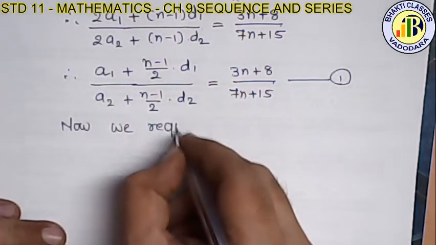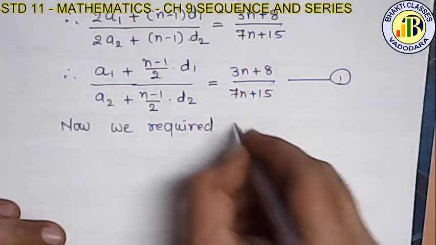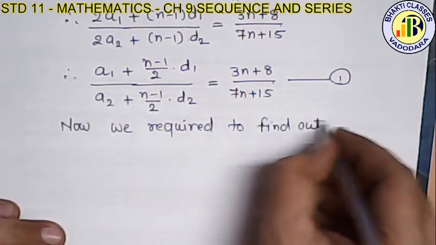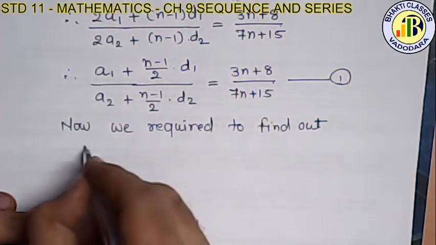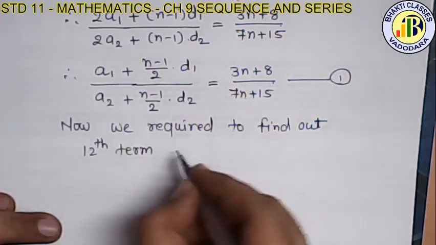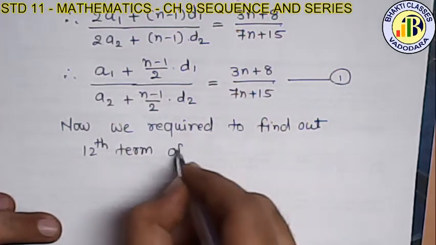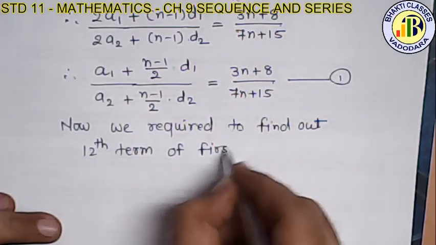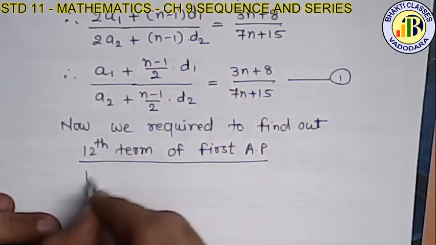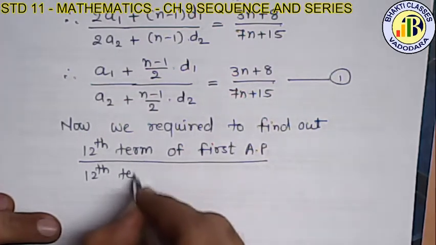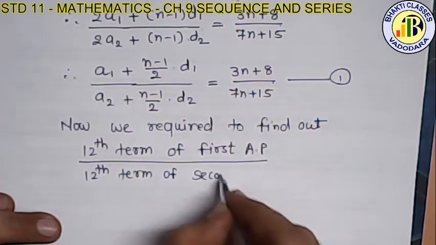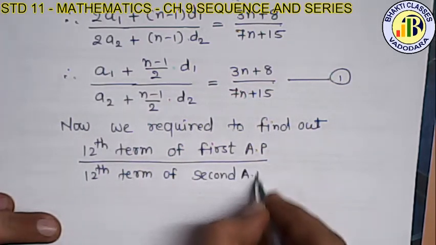We are required to find the twelfth term of the first AP divided by the 12th term of the second AP.